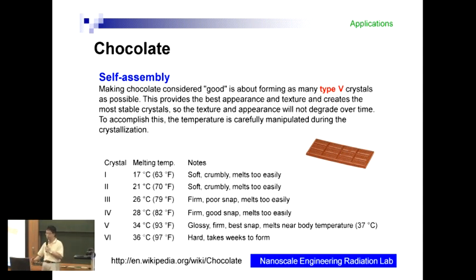No. If you taste it again, you will find that it tastes different. Why? Because nanoscience plays a role inside. Those molecules will not form type V anymore. It goes to type 4 or type 6. I think it's type 6.